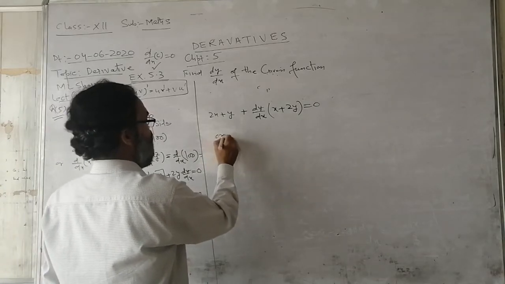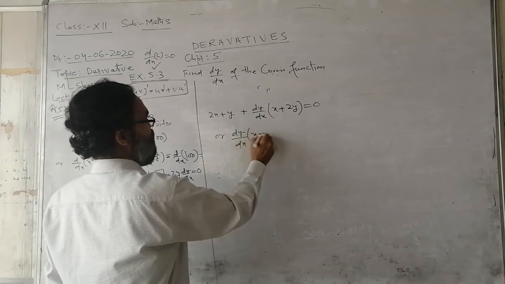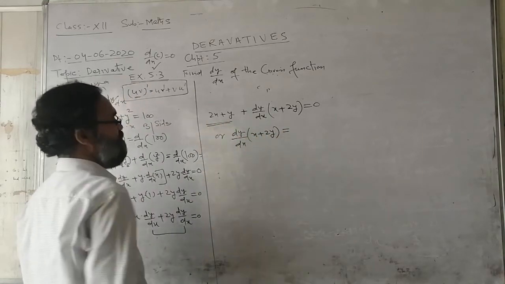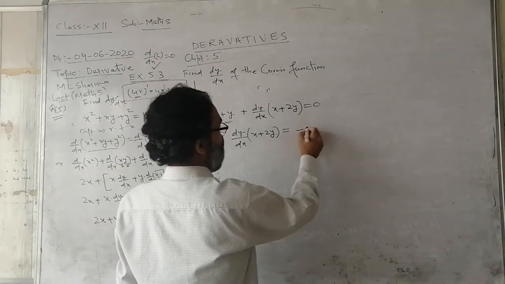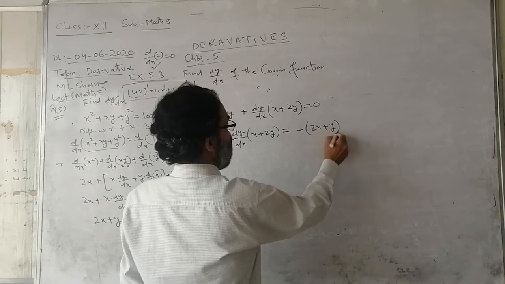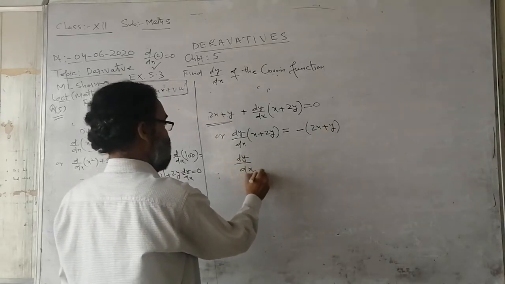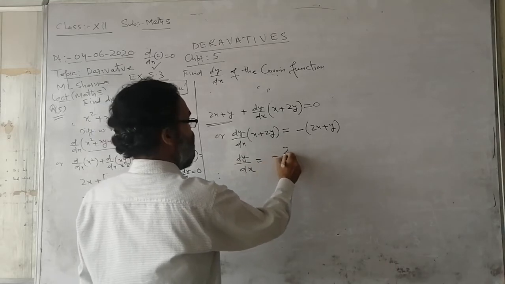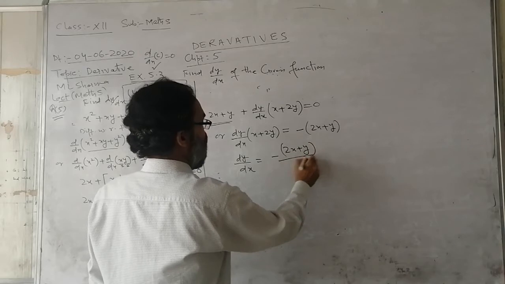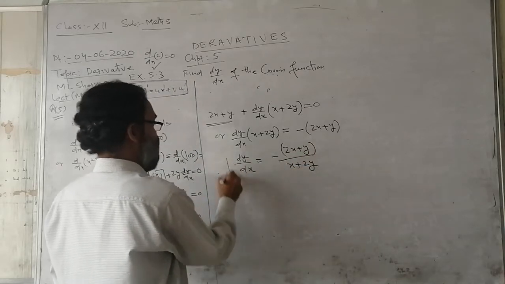So dy upon dx times x plus 2y will equal, transferring this term to the right side, minus 2x plus y. So dy upon dx will equal minus 2x plus y upon x plus 2y.